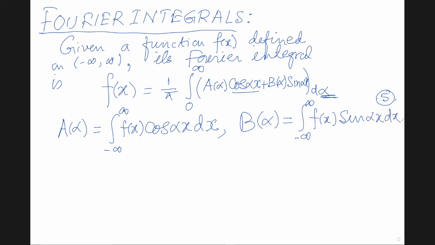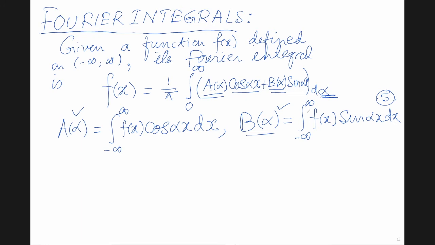Like in Fourier series, where you have to find three, a0, an, bn, here you only have to find two integrals, A alpha and B alpha. Substitute here and you get the Fourier integral for the function.